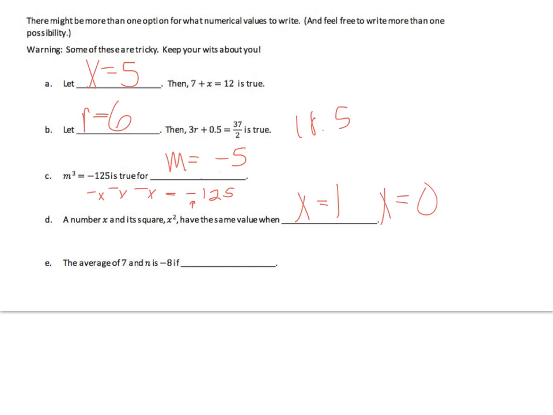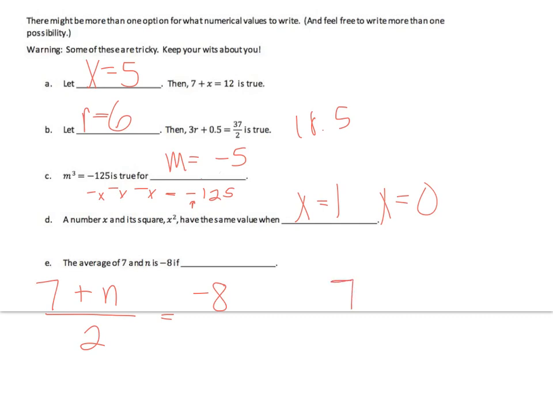The average of 7 and n is negative 8 if, average. So 7 plus n over 2 equals negative 8. So I need a really small number. 8 times 2 is 16. So if I want to go negative to get to negative 16, I think 23.